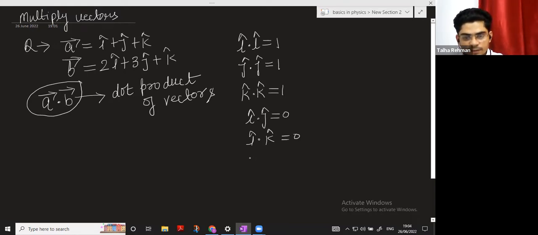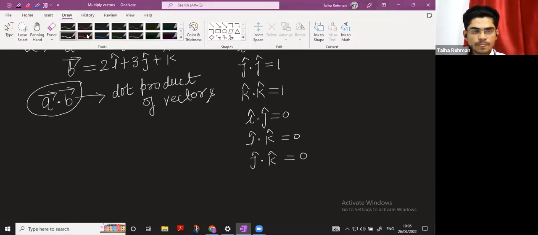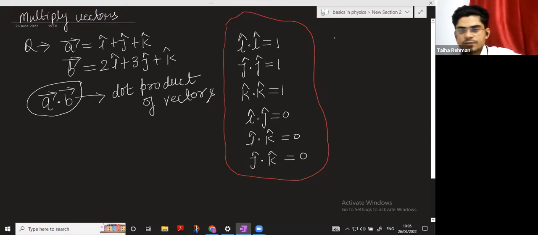If I am multiplying j cap with, this dot means multiply. Okay, this dot means multiply. J cap with k cap, the answer is 0. Like I am saying multiply 2 into 3, this will be 6.